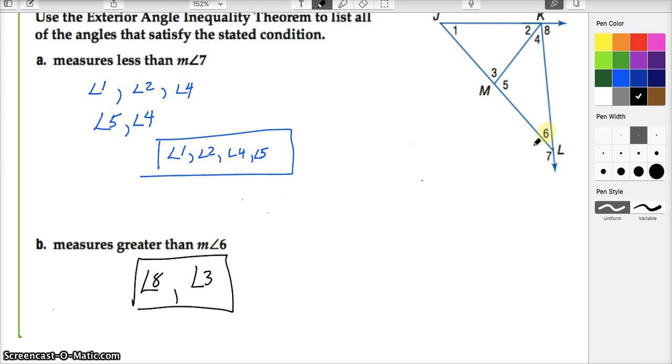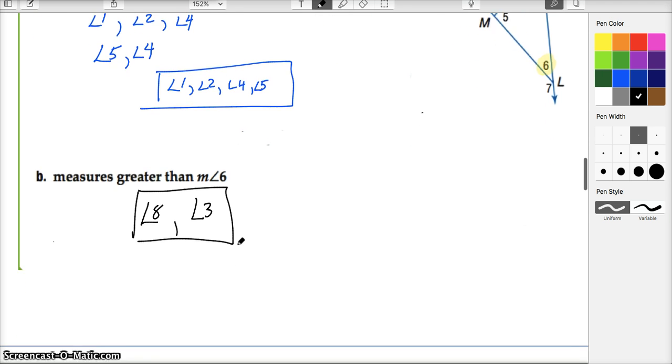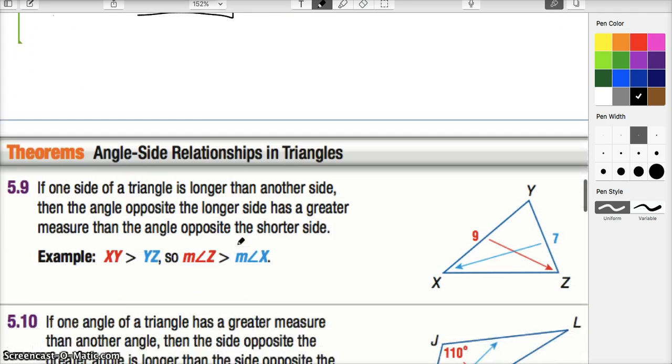So you might see something that looks acute, but it might actually be obtuse from the details of the problem. So we can't go around and say, oh, well, clearly 7's bigger because it looks bigger and it's obtuse in this case. I know the temptation is there and you want to, because we've been doing it so long. But these are the only two that we can definitely say, given that theorem and given the information we're given about this particular picture.